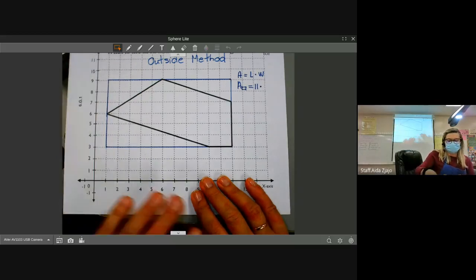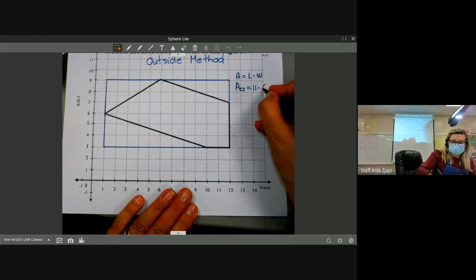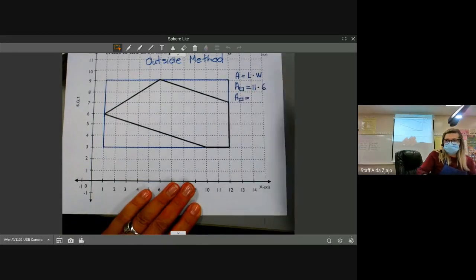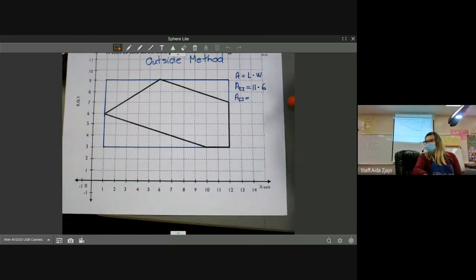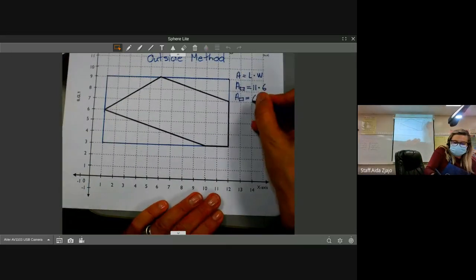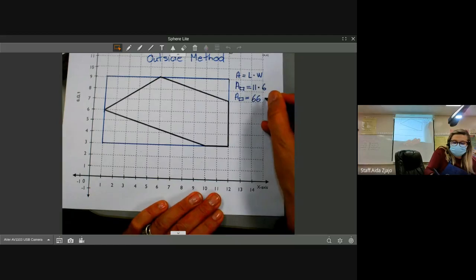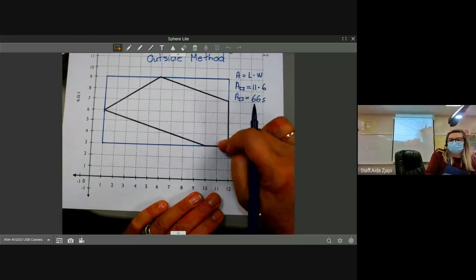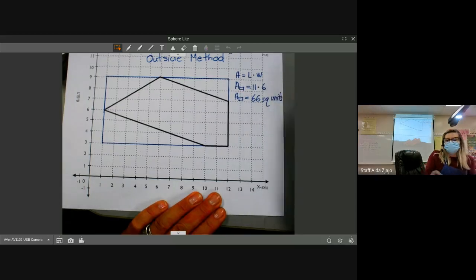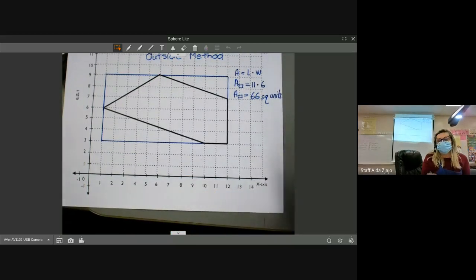It's 6, bravo. So if I do that, what would be the area of this big rectangle? What is 11 times 6, Kevin? 66. But because we are calculating squares, it's squared units.